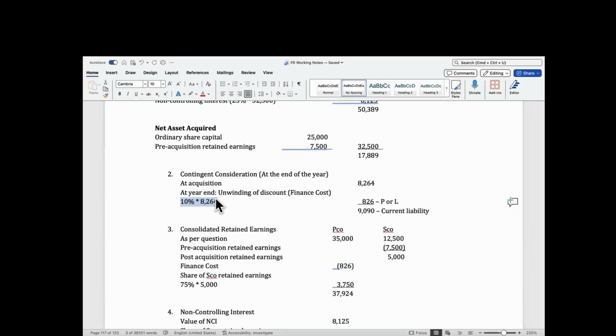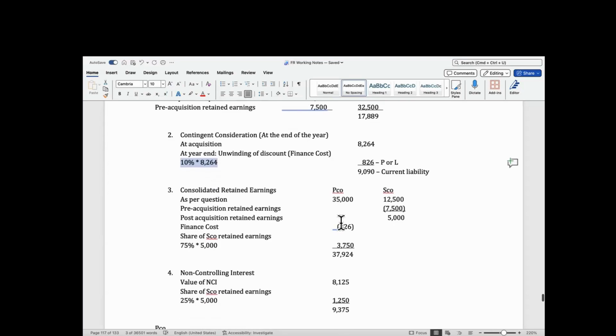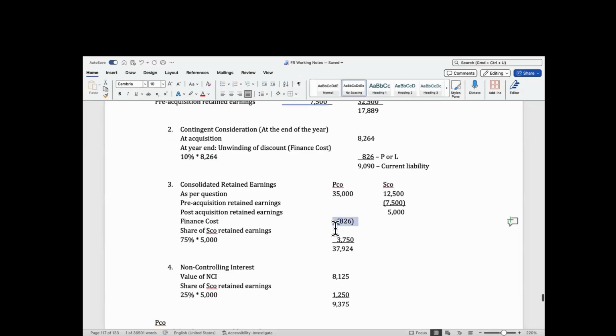You need to be unwinding that discount at the end of every year, so that when you get to that time in the future, that liability becomes that future amount that you discounted some years back. So that's why we did that. And we usually expense it. In this case, it became an expense in the books of the parent.